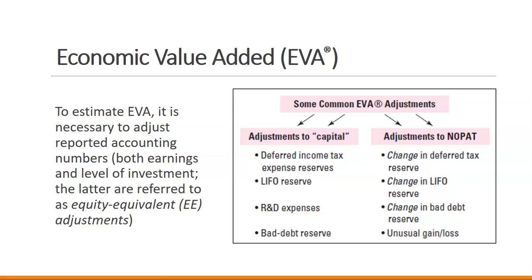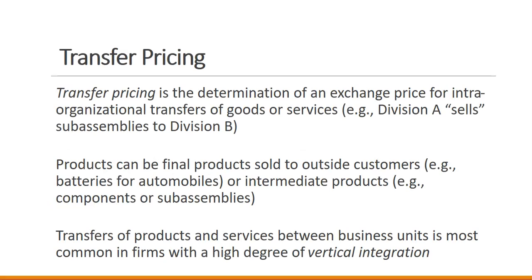The last thing we talk about in Chapter 19 is transfer pricing. So transfer pricing is the cost that we use for intra-organization transfers of goods or services. So when we transfer items from one division to another. Transfer of products and services between business units is very common in firms with a high degree of vertical integration.